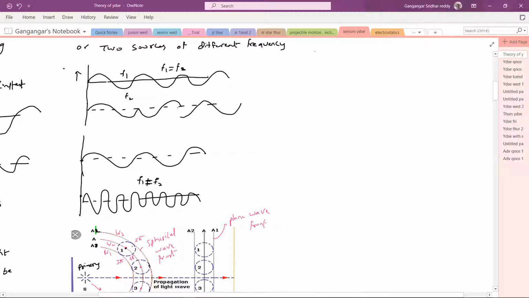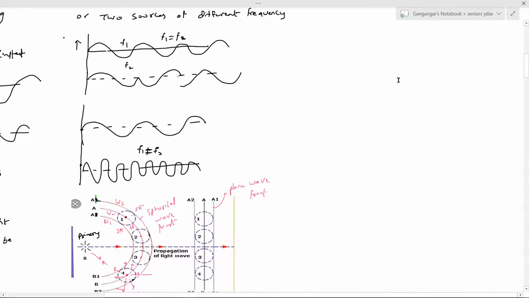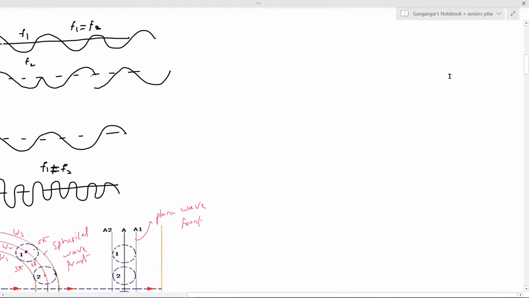We'll discuss the basic idea of interference. What is interference? Interference of light is what we'll be discussing.